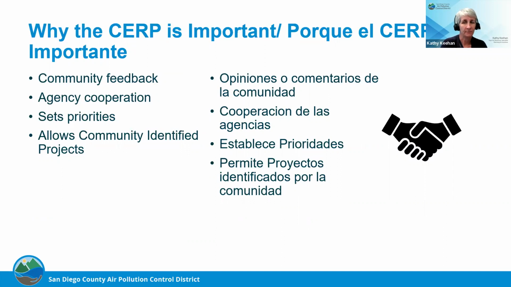It provides a plan for cooperation across different agencies, and it informs and sets the priorities for the incentive projects, including those community identified projects. It provides the mechanism to create those community identified projects, and those programs can work directly to address the air quality concerns that you all are most concerned about. As this group moves forward on the creation of the CERP, we'll work together to make sure incentives are considered in the overall plan.